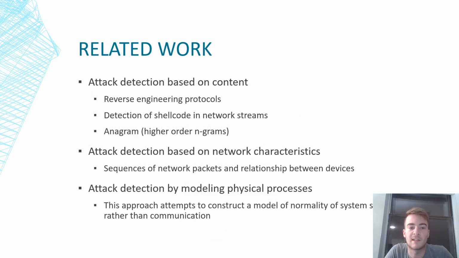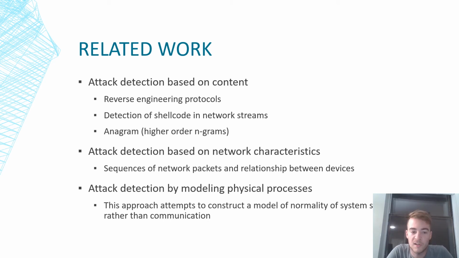So now we move on to the related work. As discussed, ZOE is content-based anomaly detection. Other previous forms of content-based attack detection include trying to reverse engineer protocols to merely detect shell code in network streams, and then obviously Anagram, which was just discussed.